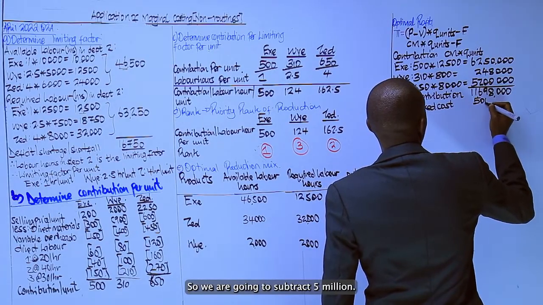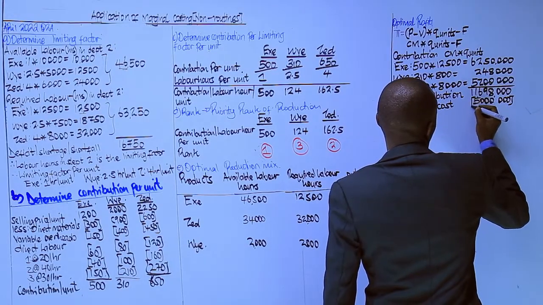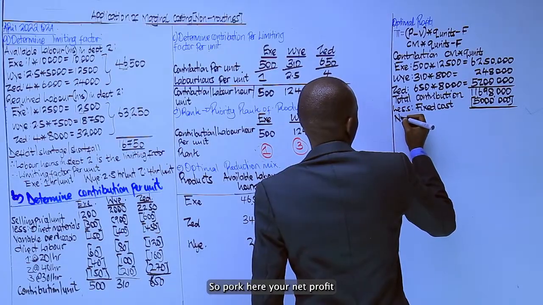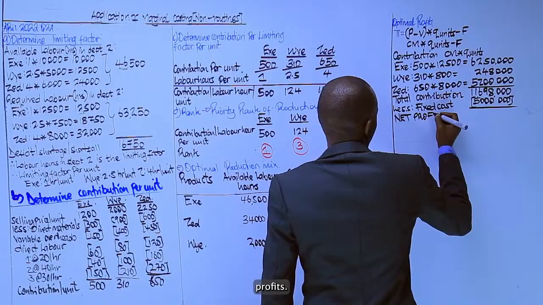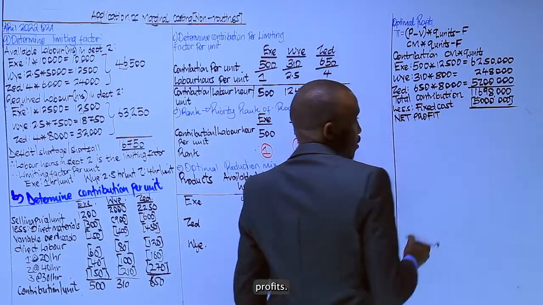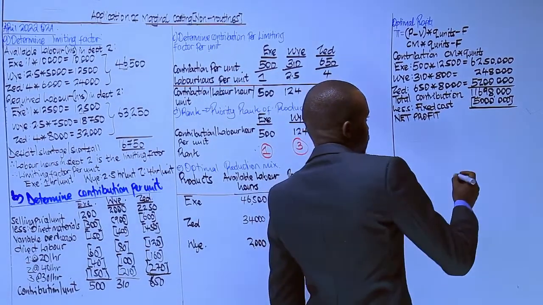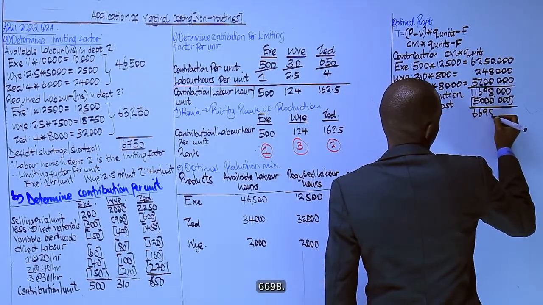So we are going to subtract 5 million. So here your net profit will be 6,698,000.